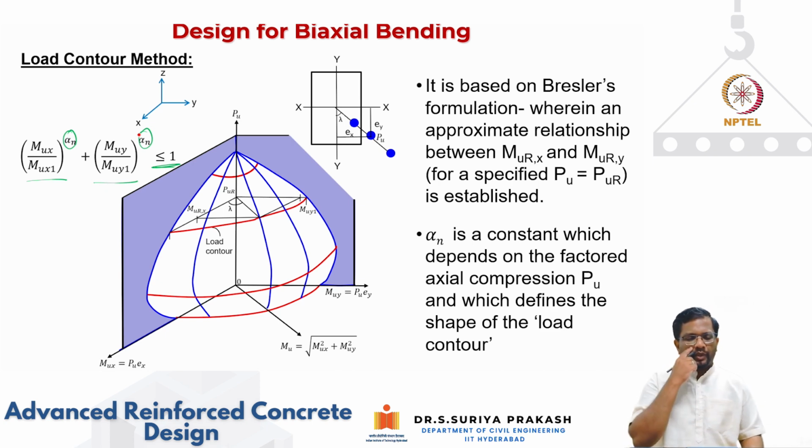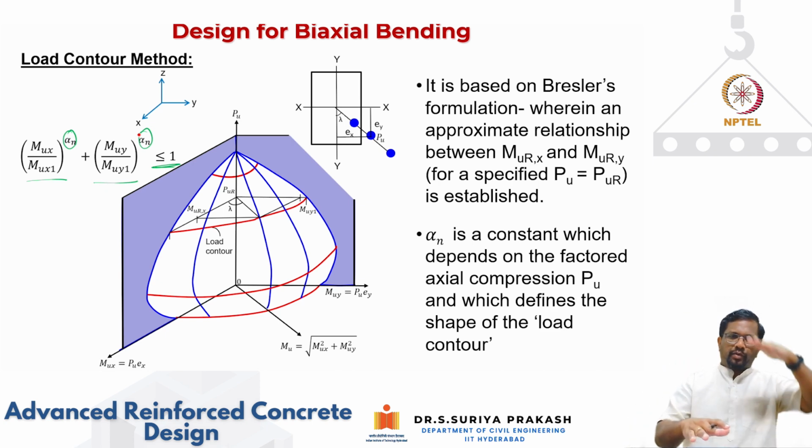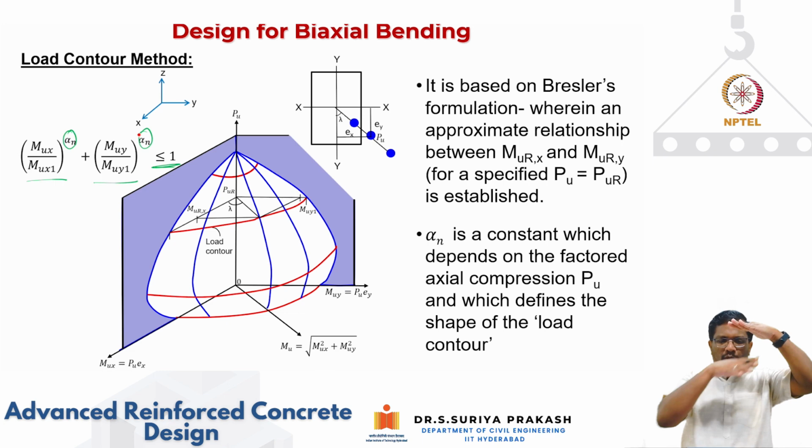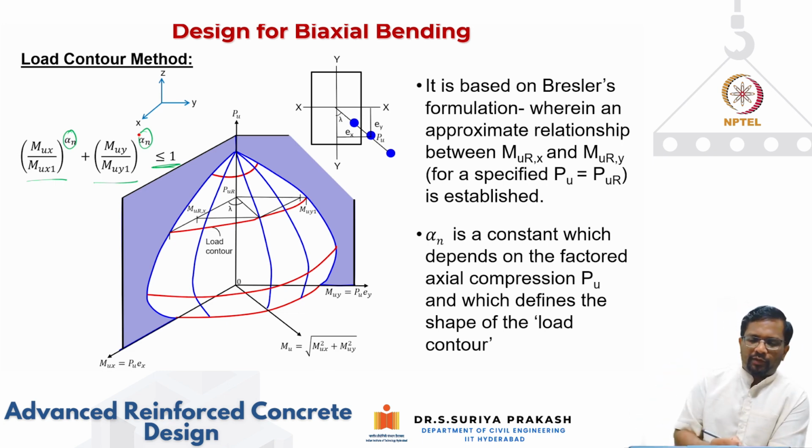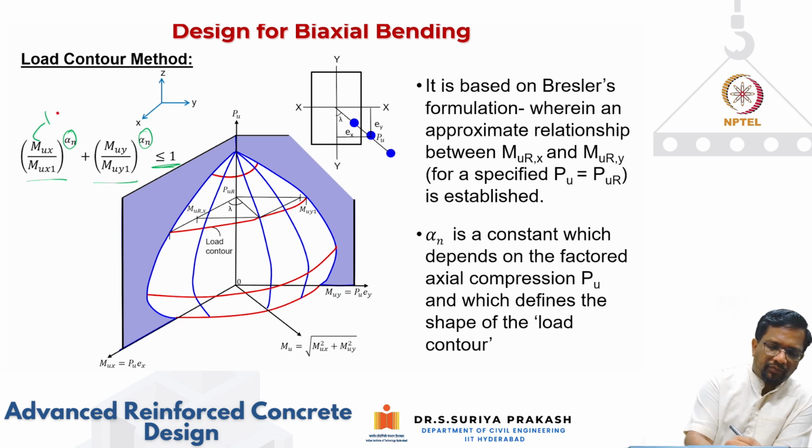So we are looking at only a particular P value, and how the interaction is happening between two bendings. Now what are Mux and Muy? These are your demand from your analysis, the bending moments about the X and Y axes. Now what are Mux1 and Muy1?